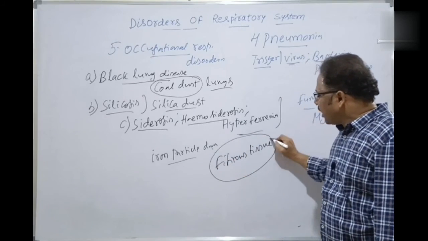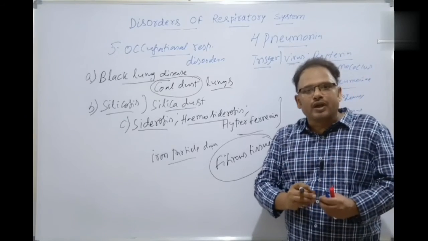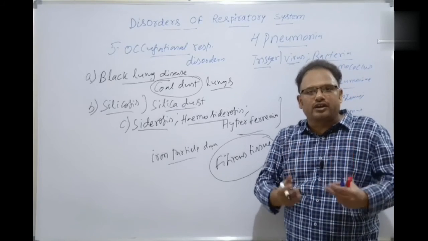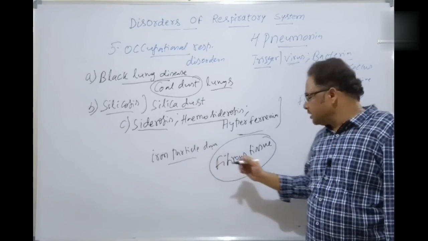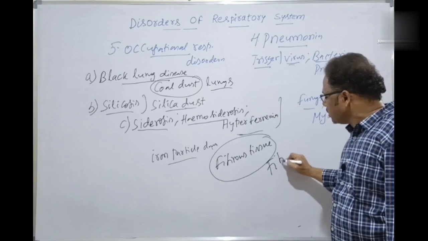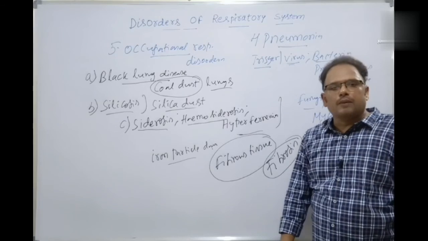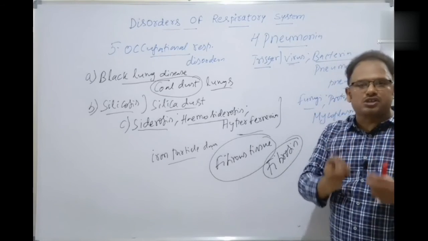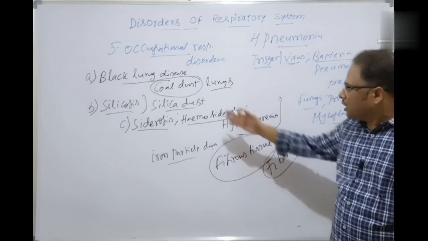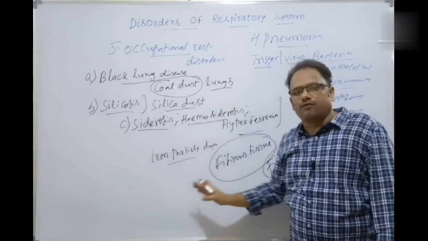If the fibrous tissue is accumulated and proliferated, that is, increases in number, the disease is called fibrosis. Given in NCERT, very important point. The process of proliferation of the fibrous tissue in these conditions is called fibrosis.